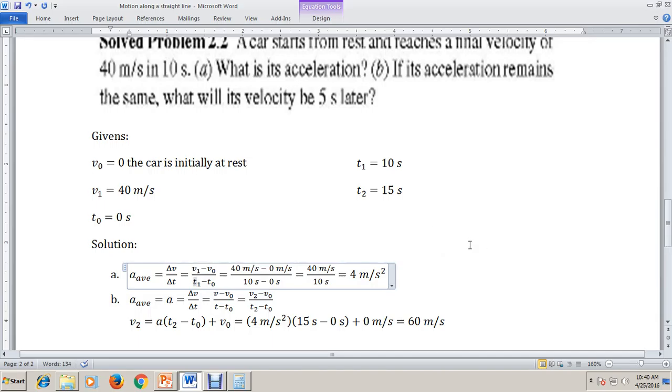So that is given as 40 minus 0 over 10 minus 0, which gives us 40 divided by 10, which gives us 4 meter per second squared.